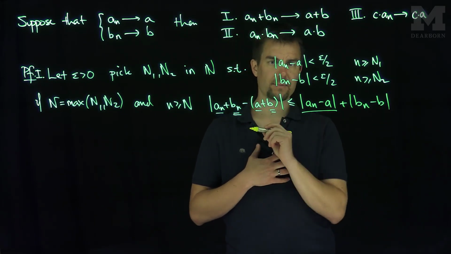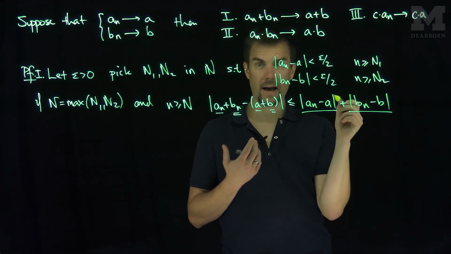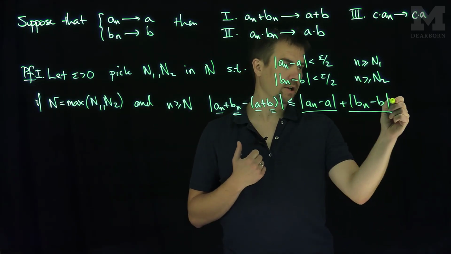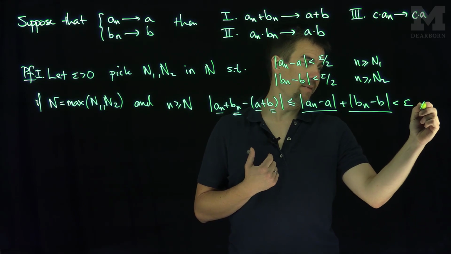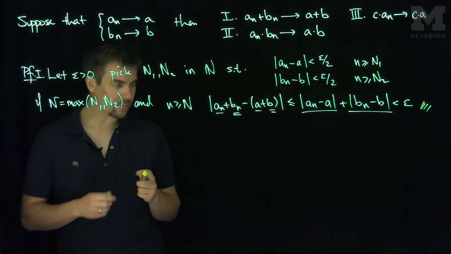Now this is less than epsilon over 2, and this is less than epsilon over 2, because n is bigger than the maximum of those two things. So this is cumulatively less than epsilon, and that is our proof of the first proposition. So we chose the maximum.